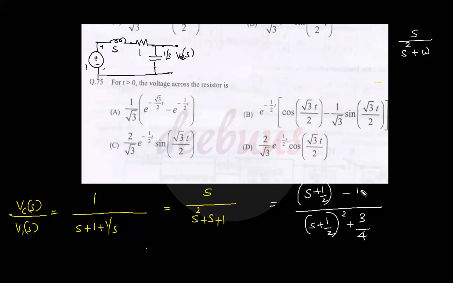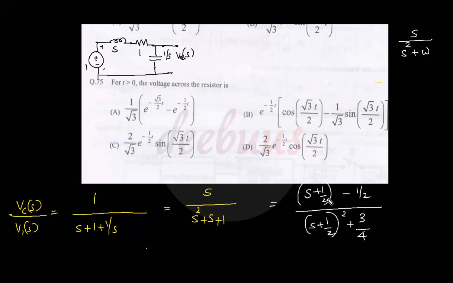Now similar to the last case I can split the denominator as (S + 1/2)² + 3/4, right. On the numerator side there is S, so I have to mark in terms of cos ωt. We know the Laplace transform of cos ωt is S/(S² + ω²). So comparing, I have to mark in terms of S + 1/2, right. So there is a minus 1/2 to be provided here.